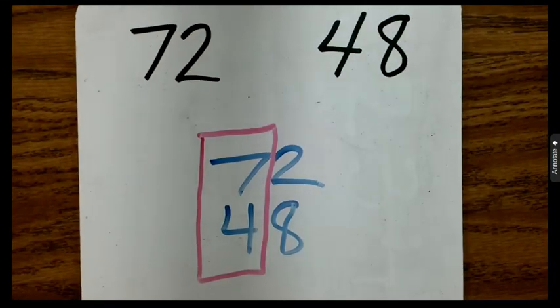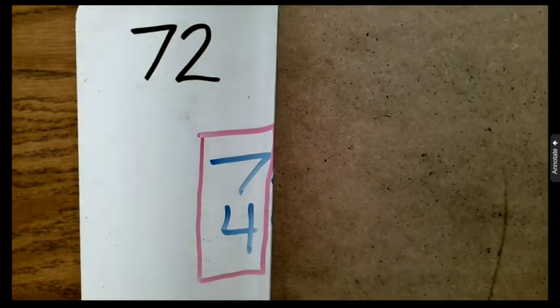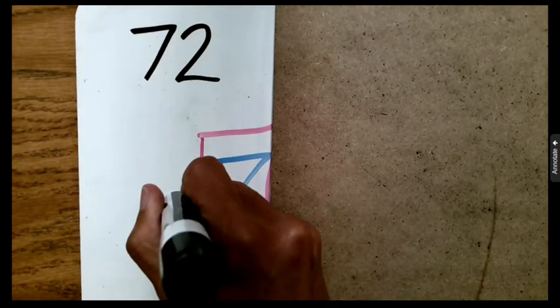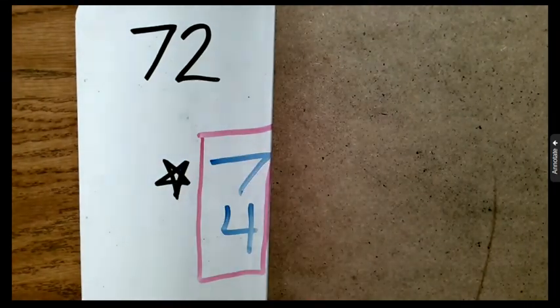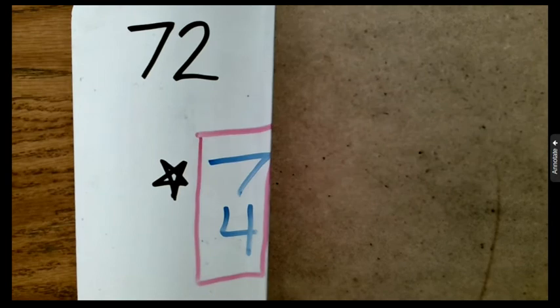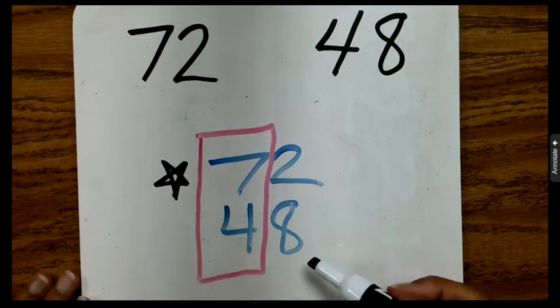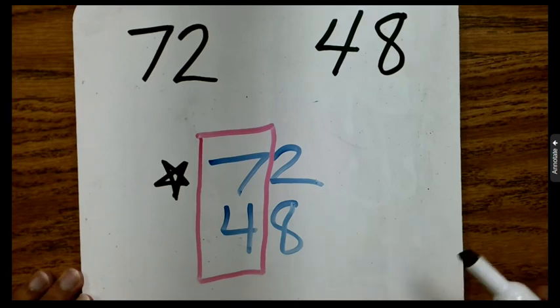So in this case, once again, we're looking at the tens. We're not concerned at all with the ones column. So out of the digits in the tens column, we know that 7 is greater than 4. So in this case, 72 is greater than 48.